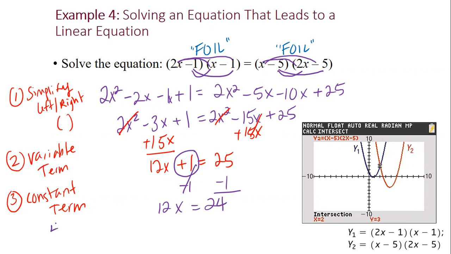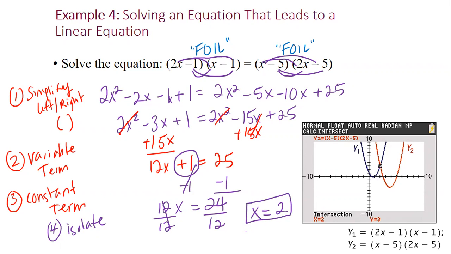Our last and final step is to isolate the variable. What do I need to do to isolate the variable? Divide. So we divide and we get x equals 2. Okay.